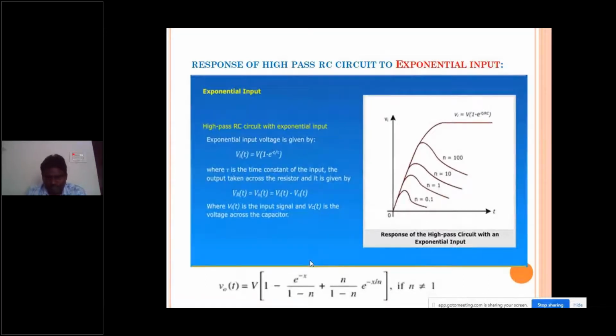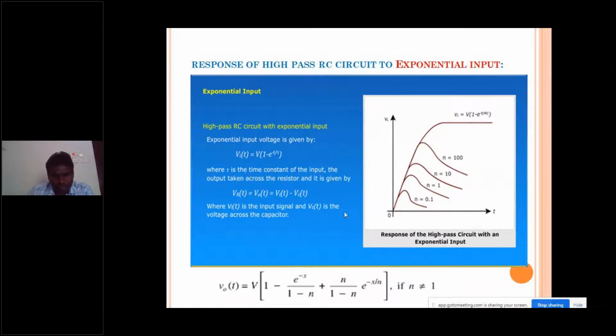Similarly, if you apply an exponential input to this high pass circuit, you are going to get different shapes for an exponential curve. These also seem to be like an exponential, but as the time increases, the exponential curve falls to 0 for different values of n. What n is, is given in your regular classes.